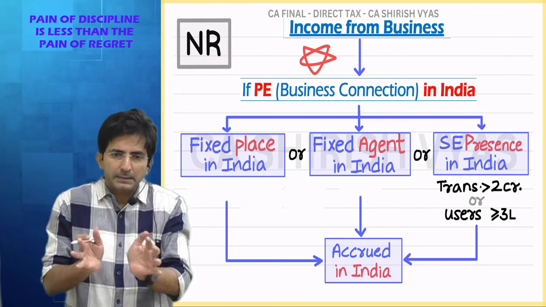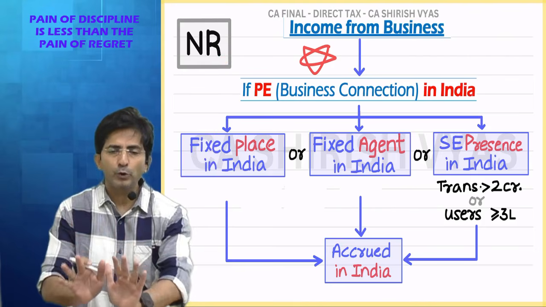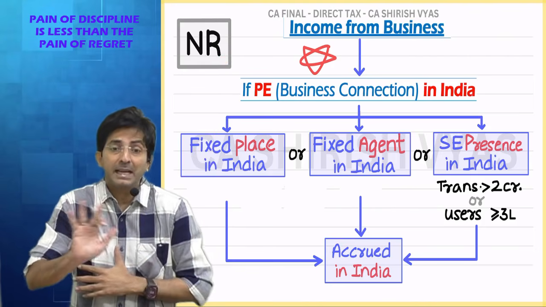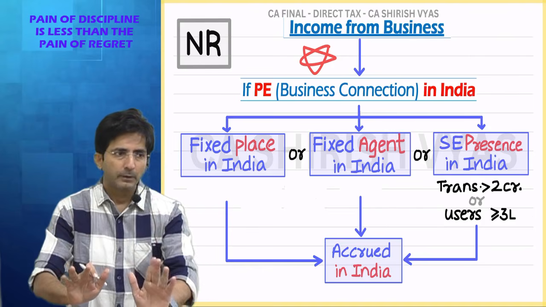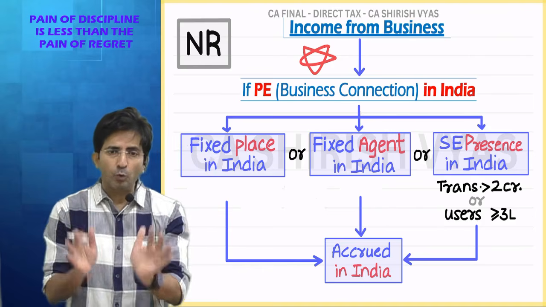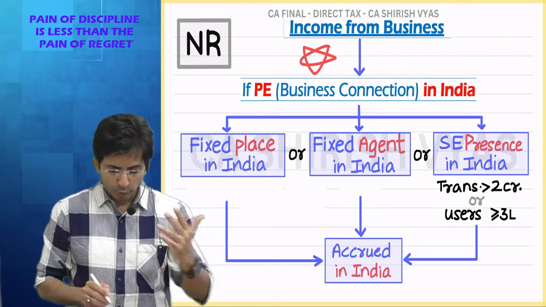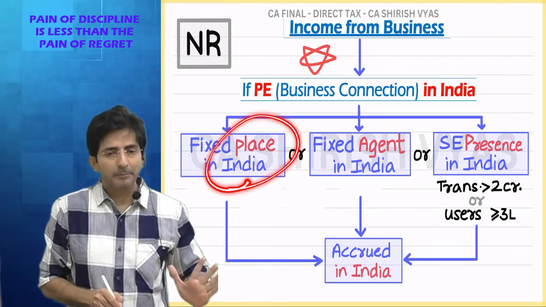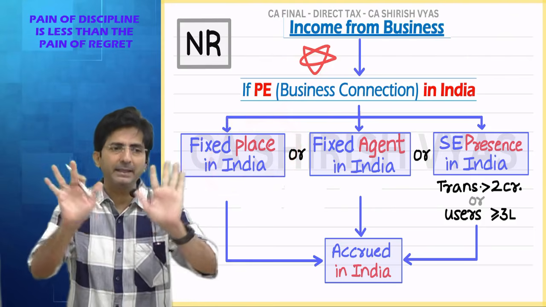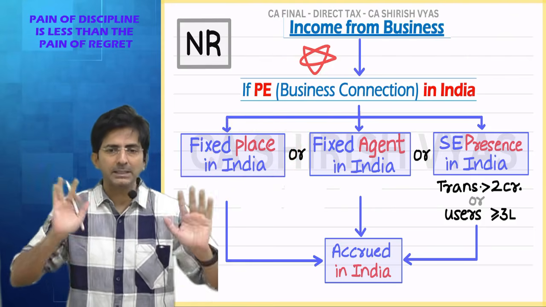In India, he has hired a place, but only for storing the goods. He is not doing selling, he is simply storing. So if you keep in India a place only for storage, although you have a place in India, that will not be called PE in India. You will not be taxed in India.